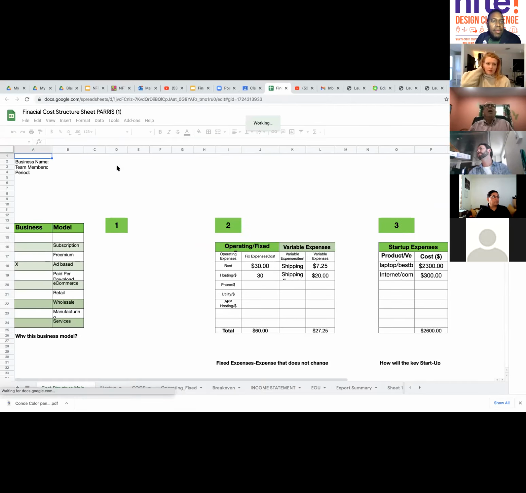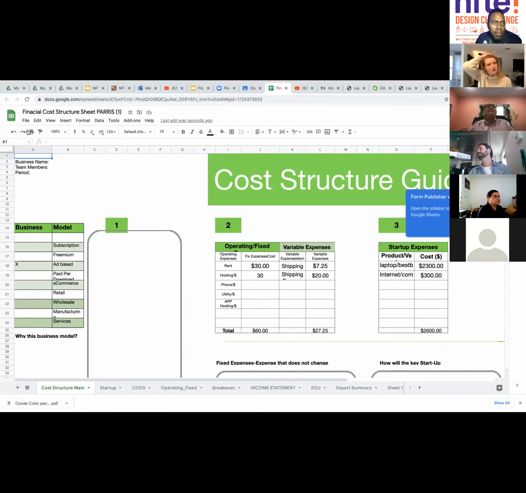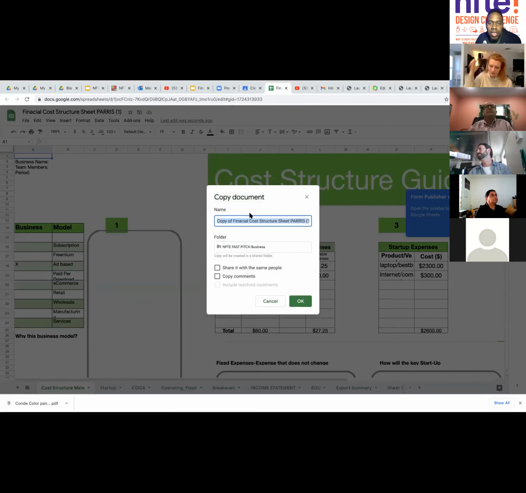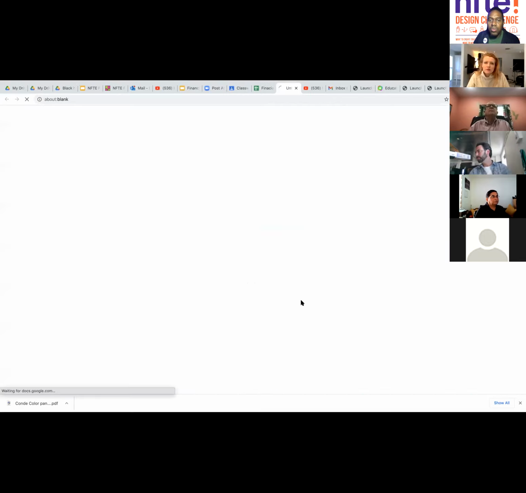Okay. Now, first thing I'm going to do is make a copy. That's step one. Now, I'm going to give it a new name. Auto test financials.